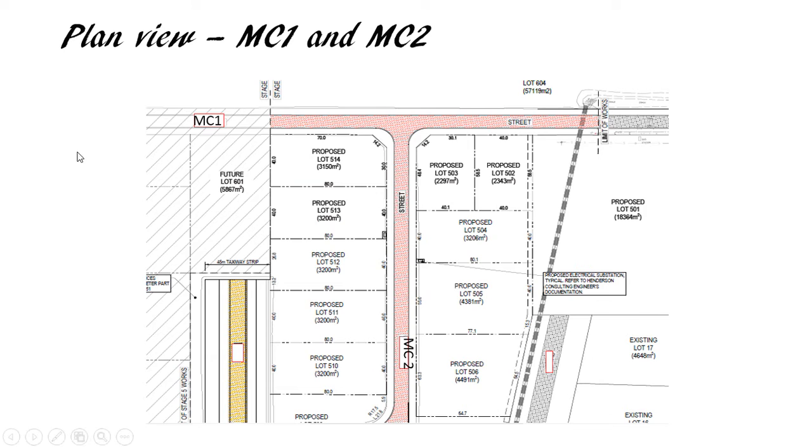As you can see on my cursor, MC1 is defining this street, MC2 is defining this street. Both streets intersect here, and we will go through the profiling of vertical grading, selection of curve, including crest and sag curve, and how we have designed using Civil 3D for this project.